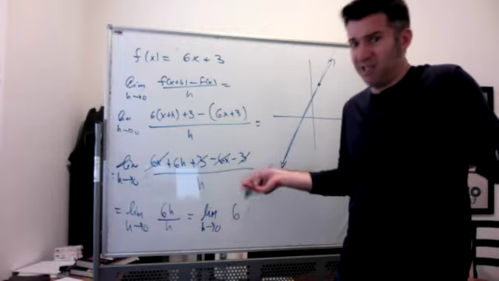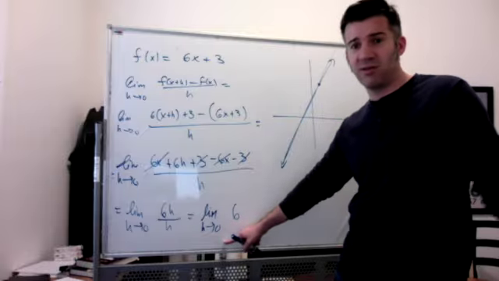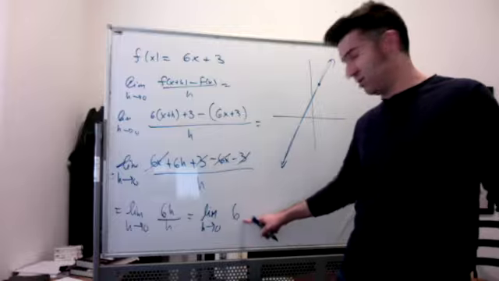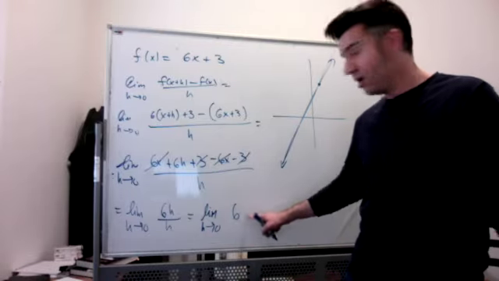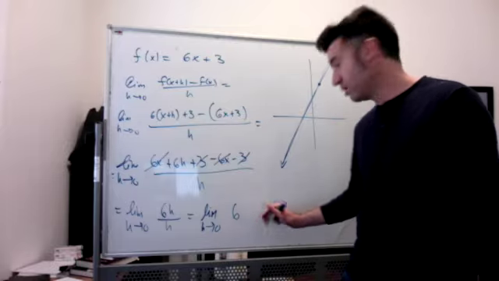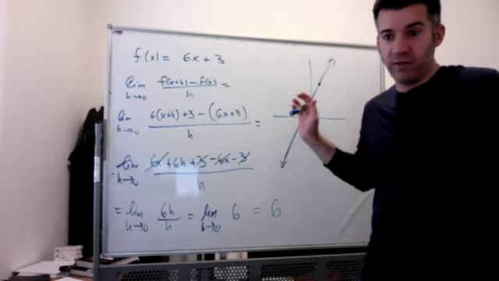Well, 6 is just 6, and it doesn't matter what h is doing. If h goes to 0 or h goes to a billion, this has nothing to do with h. There's no h's here. I don't care what h is doing. More specifically, if you have the limit of a constant, you always just get the constant. So there's our answer, the derivative is 6.